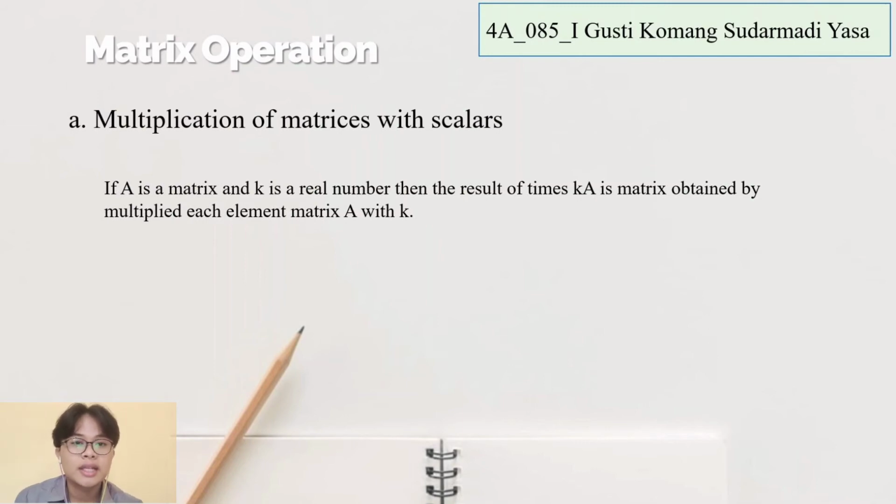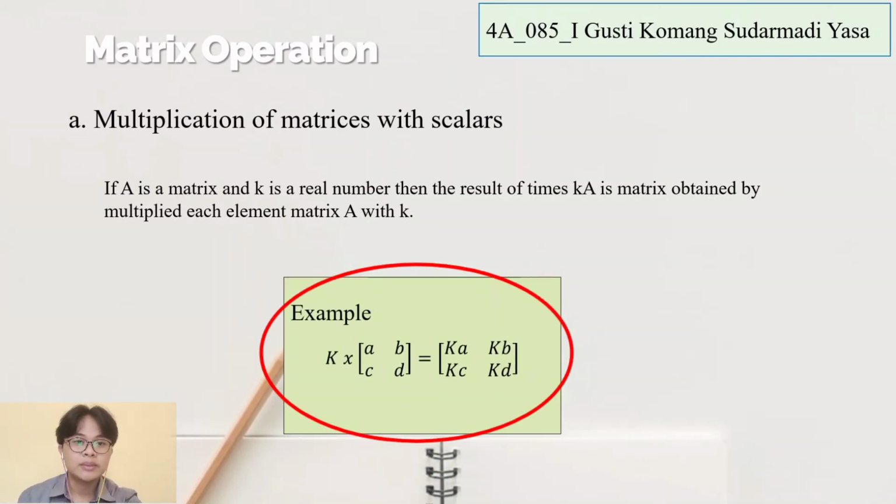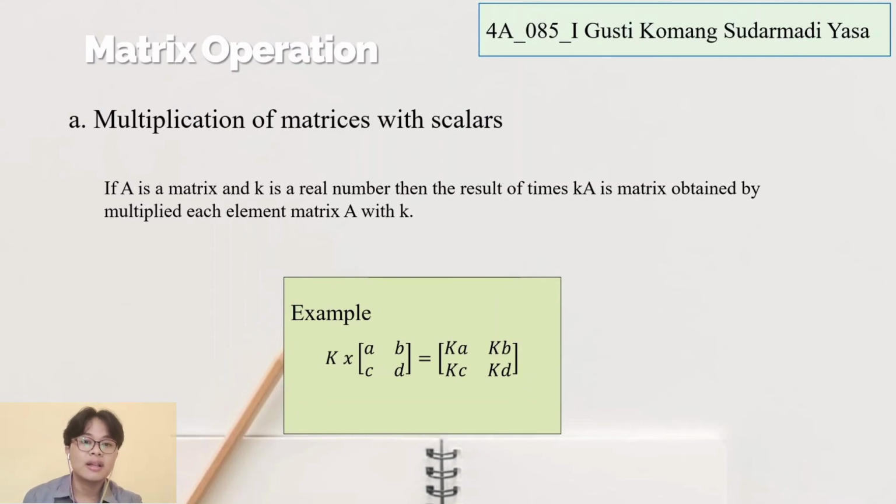If A is a matrix and K is a real number, the result of K times A is a matrix obtained by multiplying each element of matrix A with K. For example, K times a matrix with elements a, b, c, and d, where K is a scalar. The result is a matrix with elements Ka, Kb, Kc, and Kd.